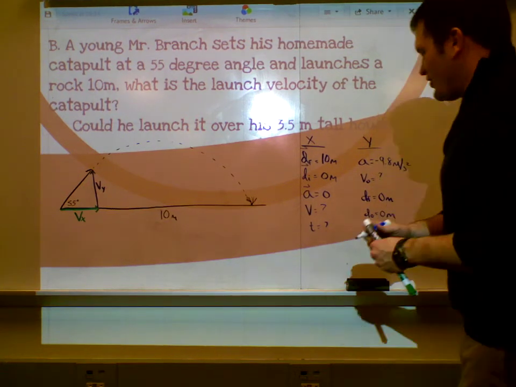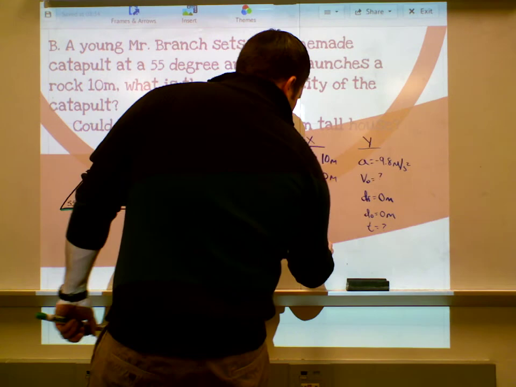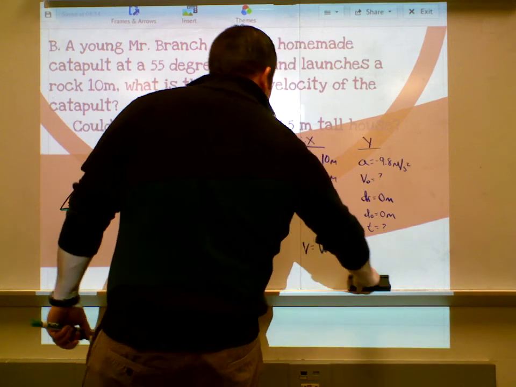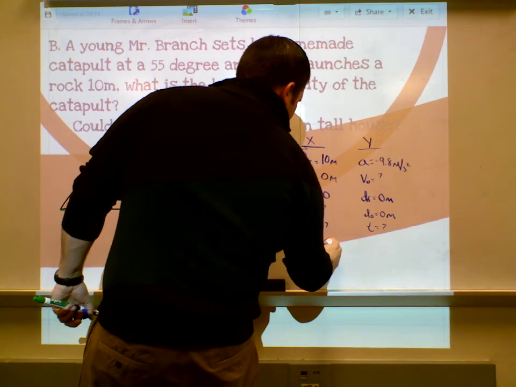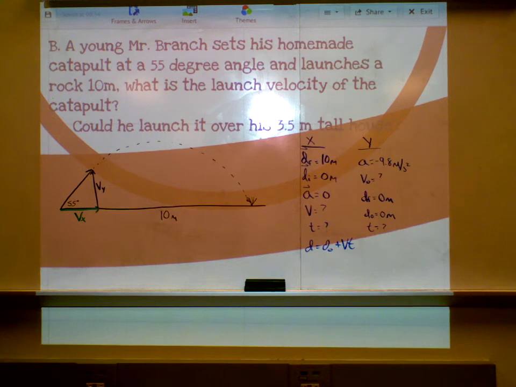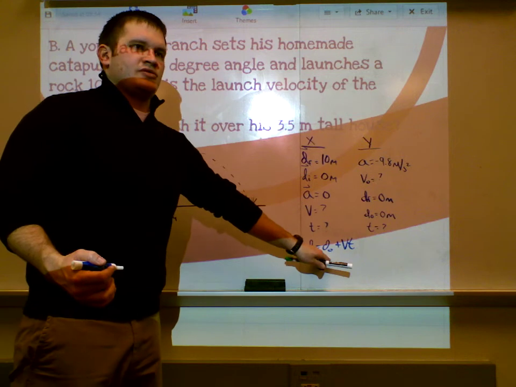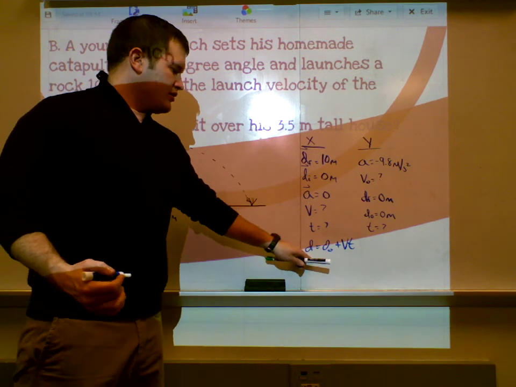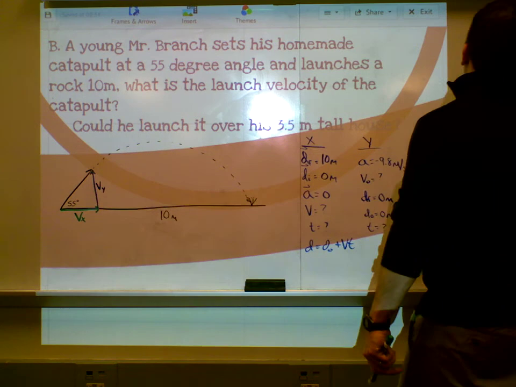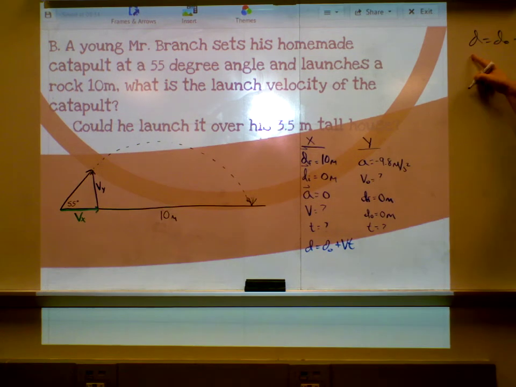All right. So for the x direction, we know that v equals v naught plus at. Well, that's not what we want. Okay. d equals d naught plus vt, right? d naught is 0, right? d is over here. d is 10. d naught is 0, right?